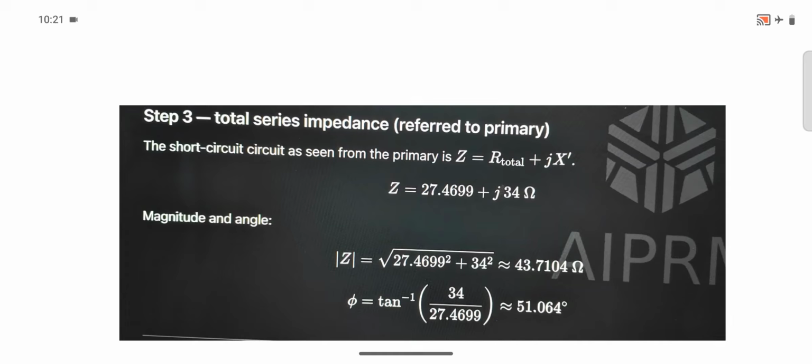And for the phase angle, you simply form a right angle triangle.